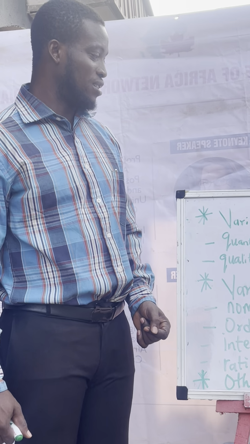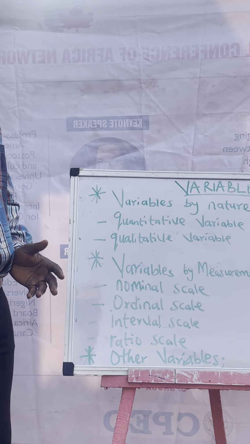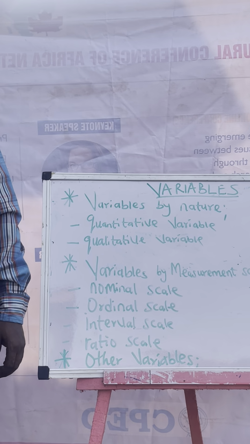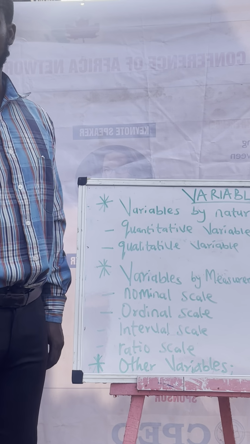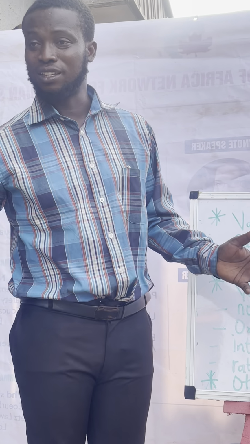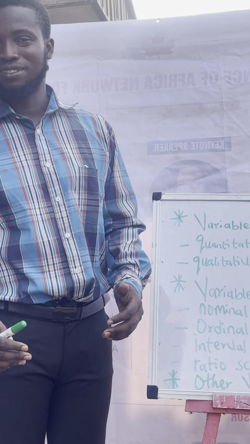So in view of this, we have two types of variables in terms of the nature of data collected. We have the quantitative variables and the qualitative variables. As the name implies, quantitative, quantity, many. Qualitative, quality, in-depth.